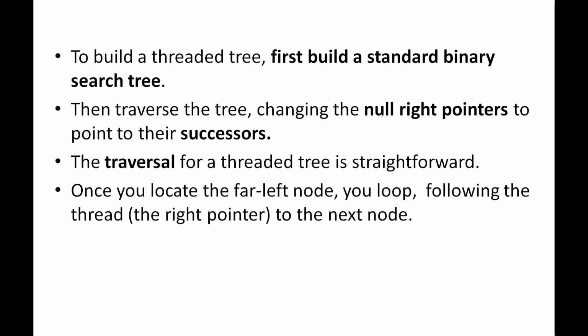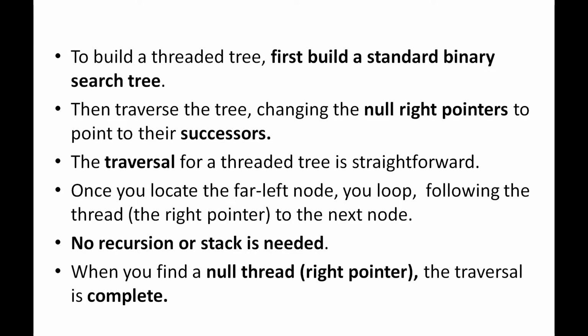If it is a threaded node, then you use the thread, that is the address of the forward link pointer, to reach the next node, which in this case is the parent, and you just repeat this task. Then you will be able to traverse the entire threaded tree using the threads. So in this case we are not going to need any recursion or stack.